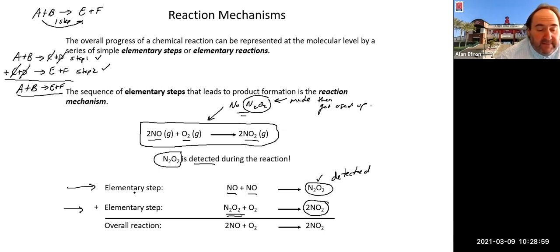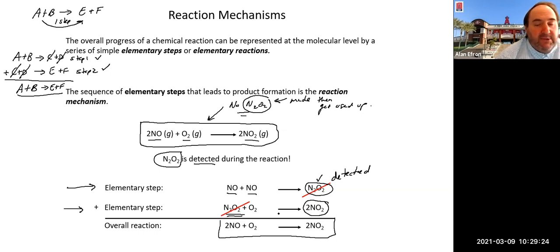If we add up each of these elementary steps, we cancel out whatever is the same on opposite sides of the arrow. In this case that's N2O2, which is sometimes referred to as an intermediate. It's made early on in the mechanism but gets completely used up, and we are left with our overall reaction.